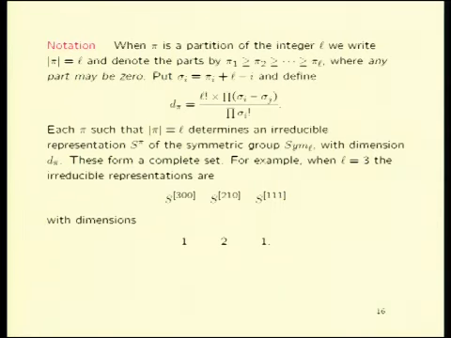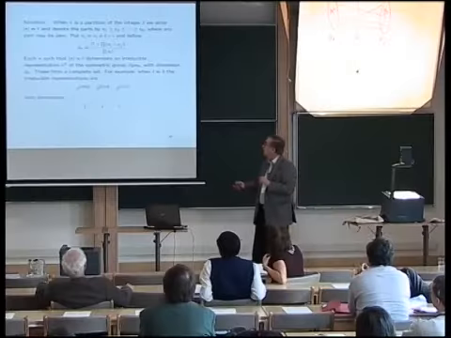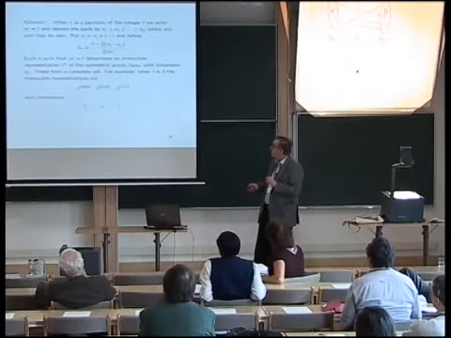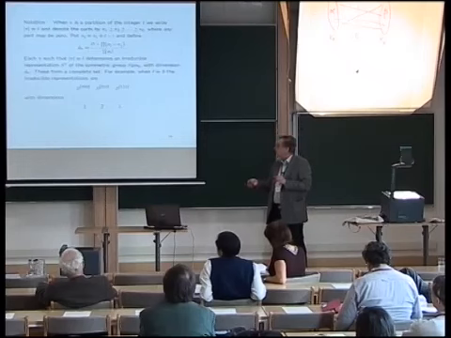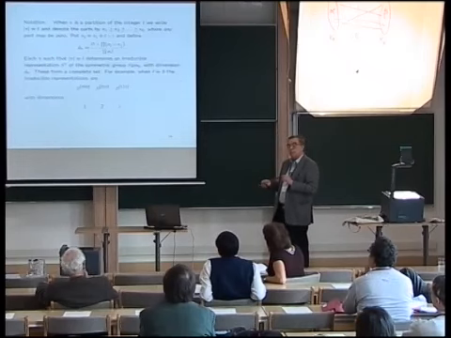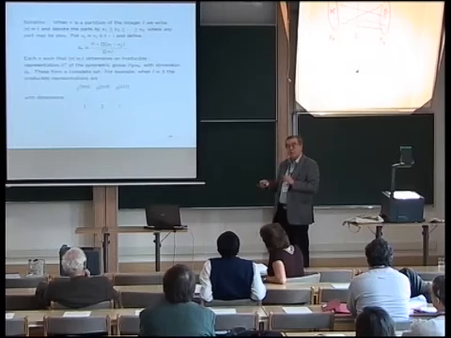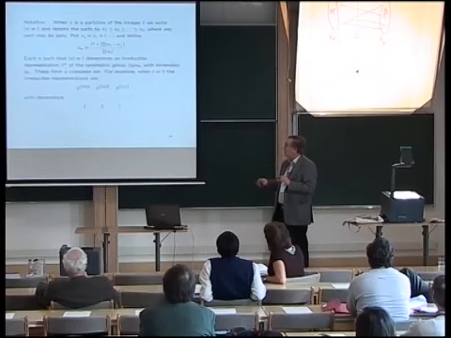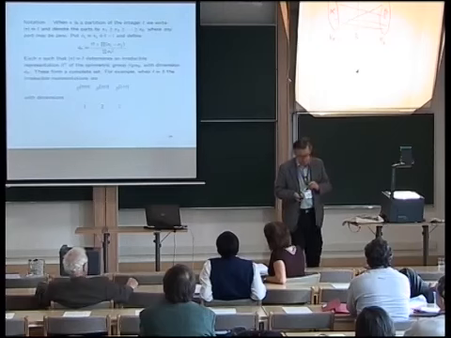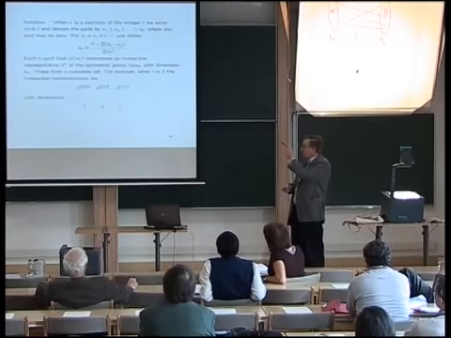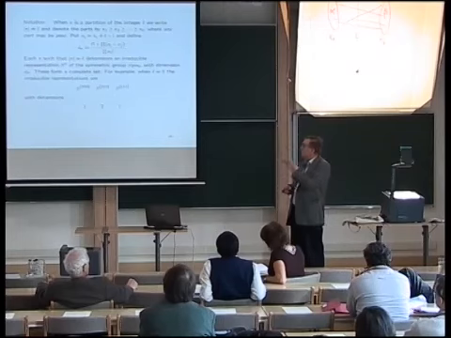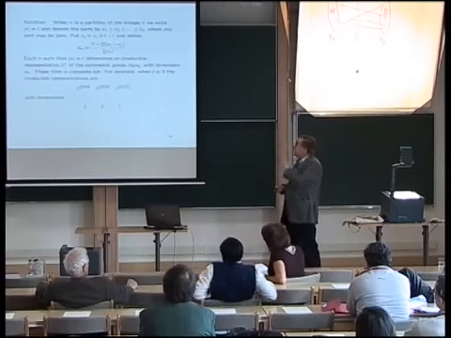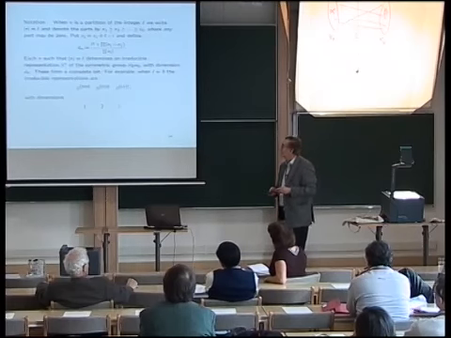The dimension of the representation is given by a formula, which is expressed there. And so, for example, if we're just representing S3, the symmetric group on 3 objects, there are 3 representations corresponding to the 300 partition, the 210 partition, and the 111 partition. And the dimensions are given by that formula that's there.